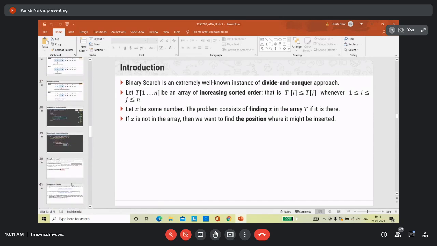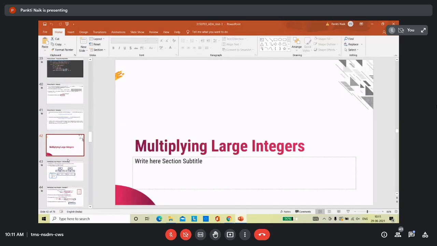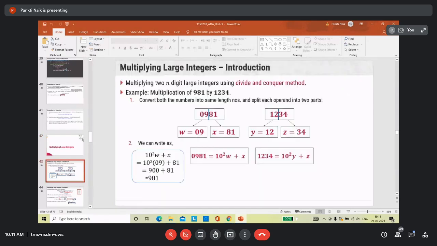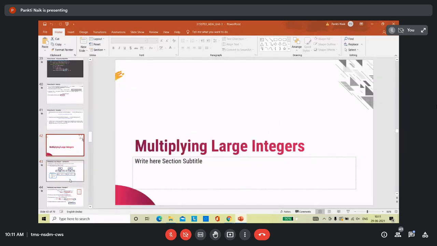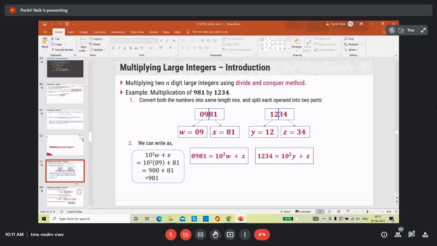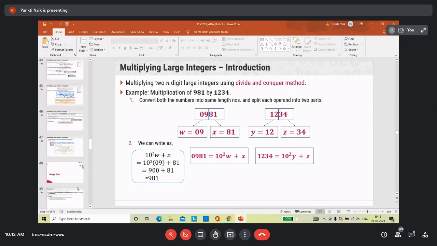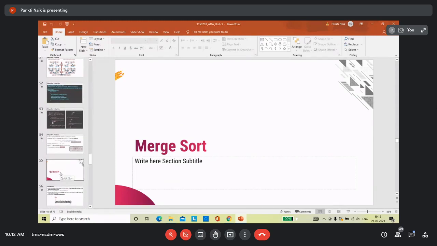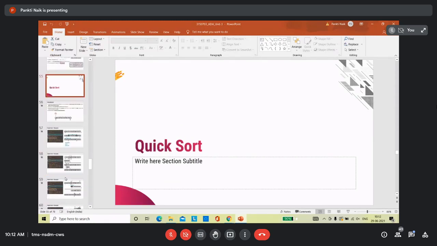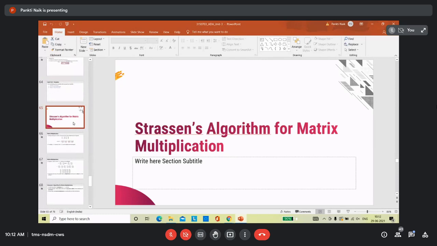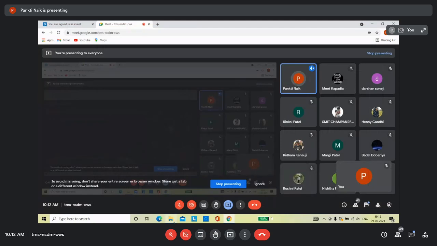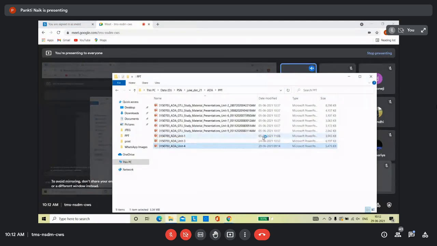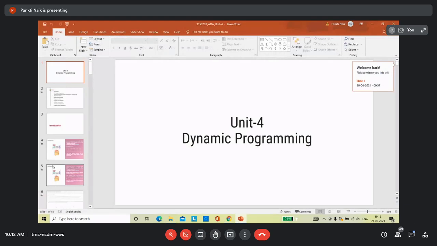Then we saw another problem, which is multiplying large numbers using divide and conquer strategy. Remember this. Then we performed 2 sorting algorithms using divide and conquer strategy, that is merge sort and quick sort. Then we covered the Strassen algorithm for matrix multiplication. So this is the end of your chapter 3, divide and conquer strategy.